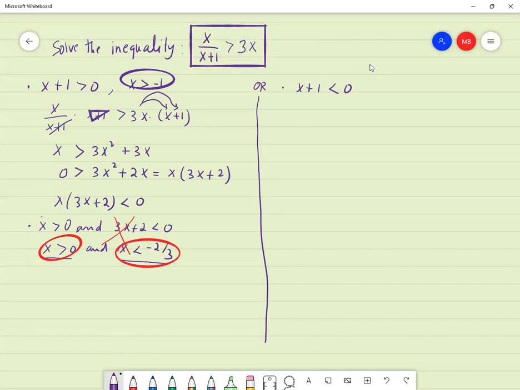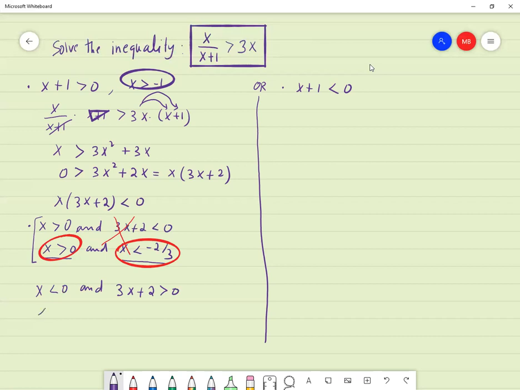This is one case. Another case is x is less than 0 and 3x plus 2 is bigger than 0, because the product has to be negative. If x is negative, then 3x plus 2 must be positive.